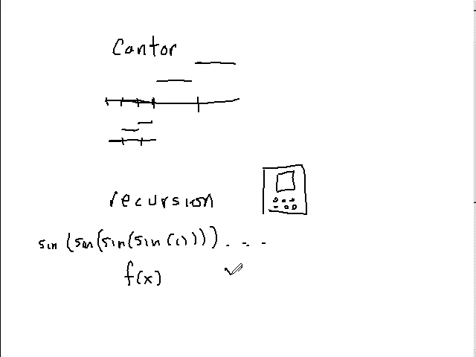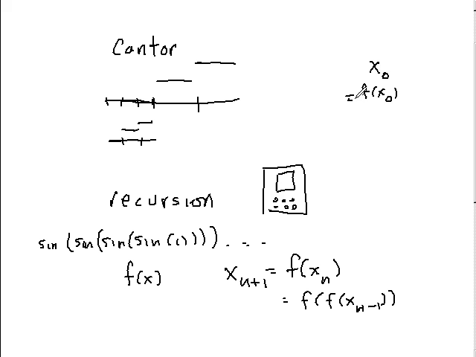In other words, if you have a function f of x, and you define the next value as the function applied to the previous value, which is f of x_{n-1}, etc., you end up with a sequence of values: x0, f of x0 is x1, f of x1 is x2.